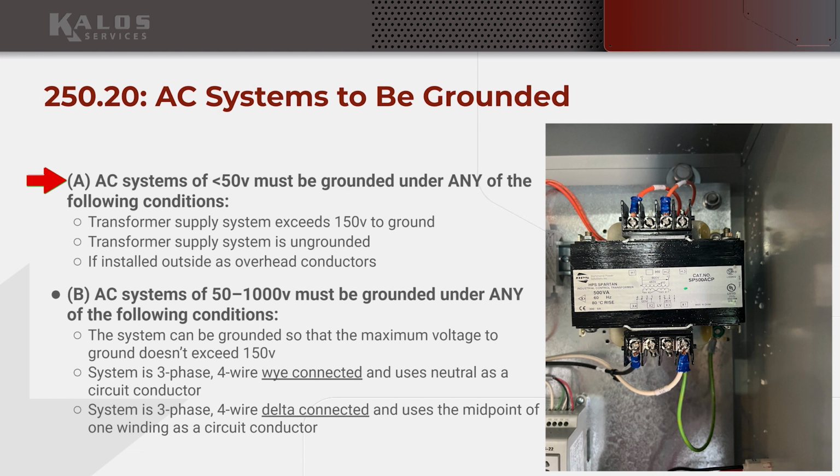But if your transformer, so when do we have these? We do actually see a lot of these that are less than 50 volts, probably in our HVAC systems. Those are usually class 2 transformers, where the transformer supply system exceeds 150 volts to ground. Yeah, we're going to see that a lot. You might have a 240 volt supply, and then your secondary in your HVAC systems is usually 24 volts.